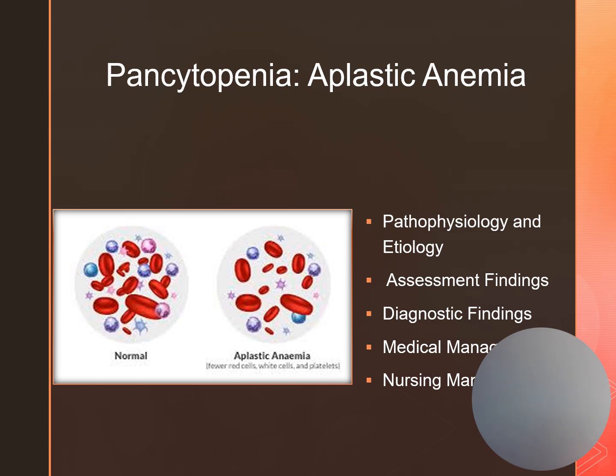So once we remove the agent, again, it can take at least a couple of weeks before we start seeing an improvement in those blood cell counts. But in the meantime, we may also have to administer blood transfusions of various blood products, antibiotics if there are infections, or corticosteroids. It may also be necessary to do bone marrow transplant or an autologous stem cell transplant.